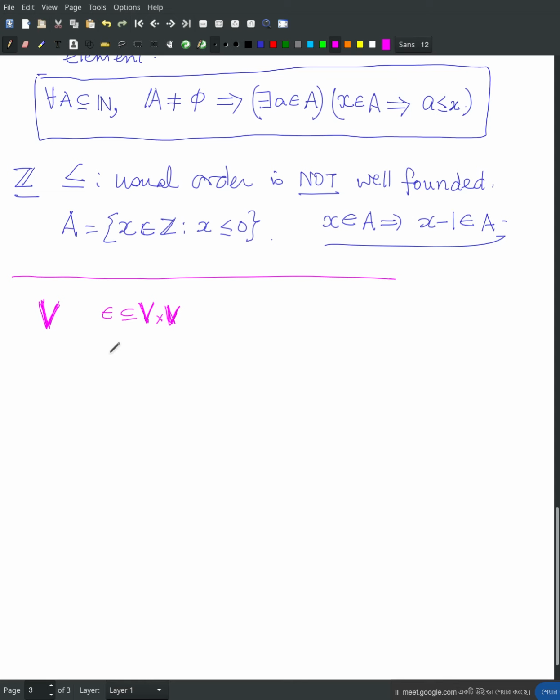And it is saying that this epsilon relation is well-founded.